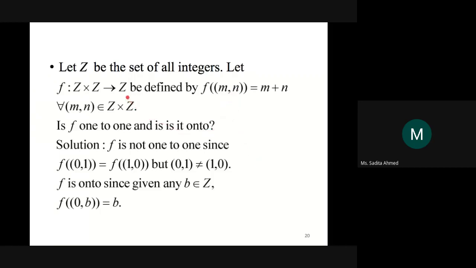Because n will be from the set of all integers. Remember, in order for an expression to be a function, all elements of the domain must be mapped. If m minus n is your function and you say that n is always going to be negative b, then yes, you can say that in that case.